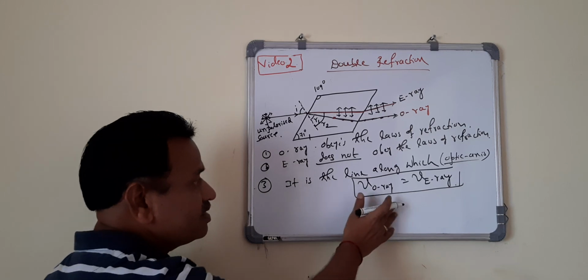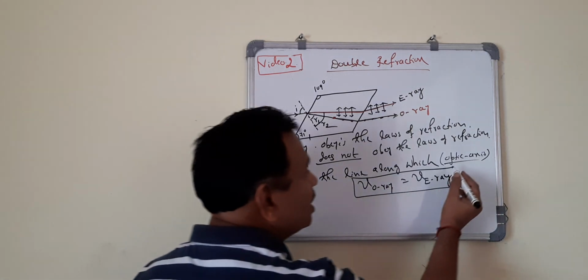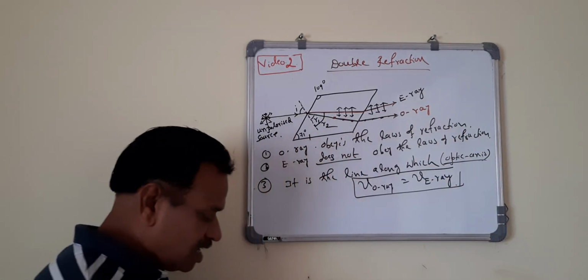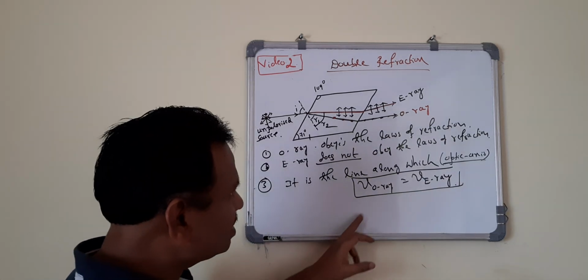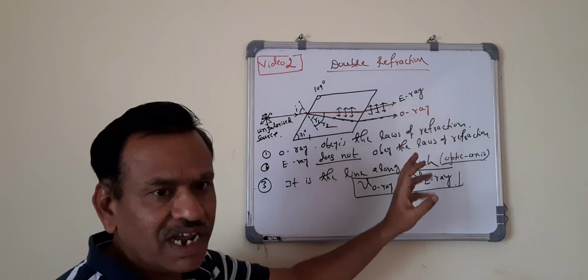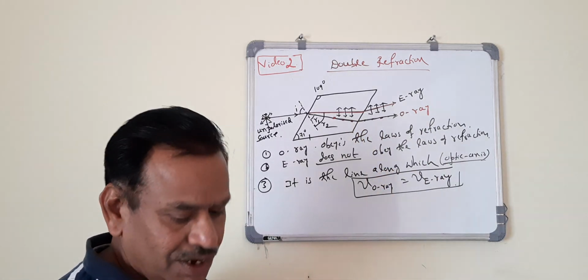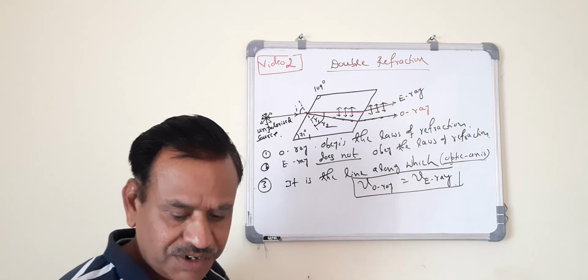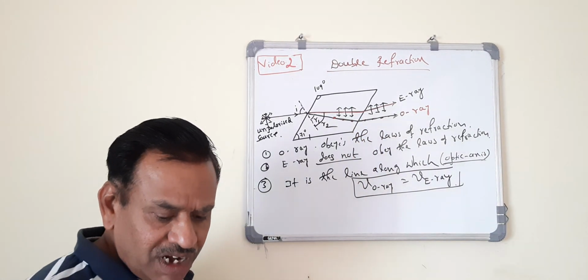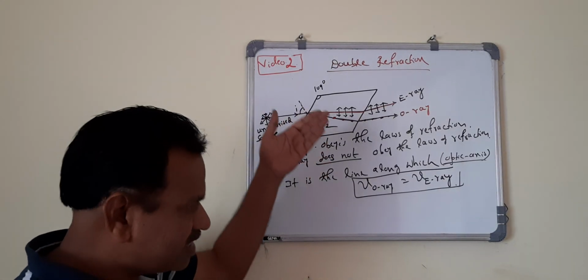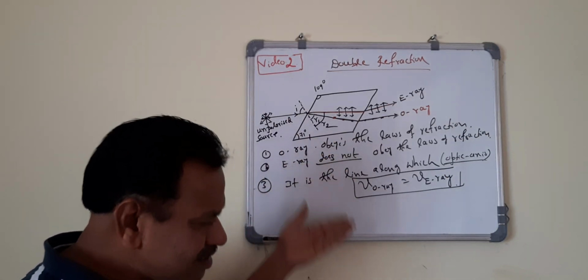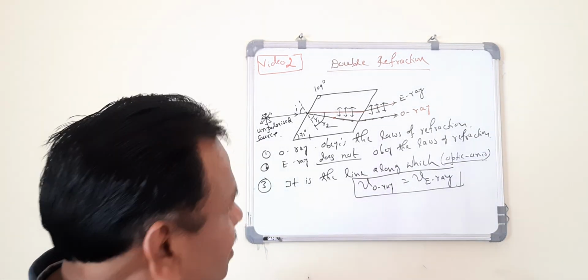Once again, along the optic axis, velocity is the same for the ordinary and extraordinary ray. These are the important points. And the optic axis, I told you, is an imaginary line, it simply represents the direction.